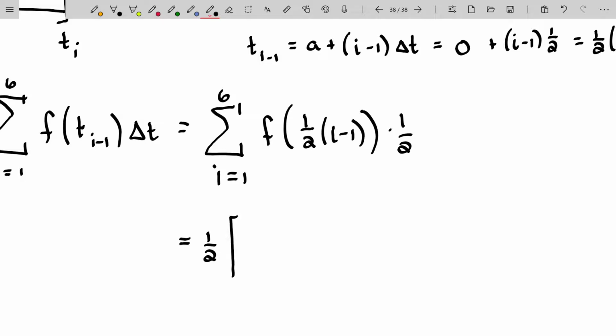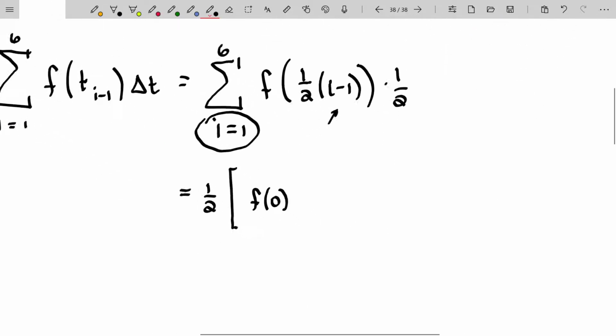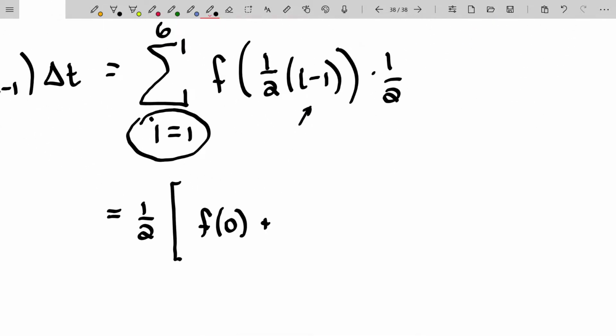And then I'll start with i equals 1. Plugging that in, I get f at 0. And by the way, I know the function's not called f, but I've written f so many times that I'm just going to say this function's name is now f. Sorry about that. Plus, the index goes up to i equals 2.